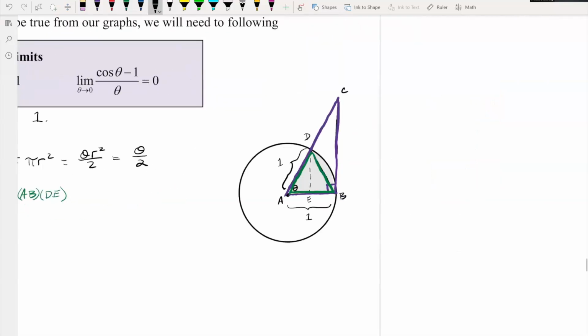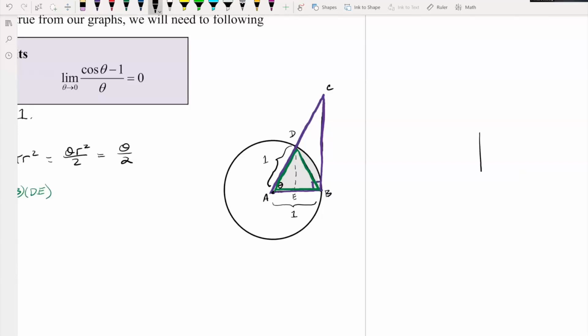So watch. If I take that triangle out, that right triangle that looks like this, theta, A, E, D, this is a right angle, right? I want to figure out DE, right? So if we think about some trig, could we say that the sine of theta is equal to DE over 1, right? Opposite over hypotenuse. So that means that sine theta is equal to just plain DE.